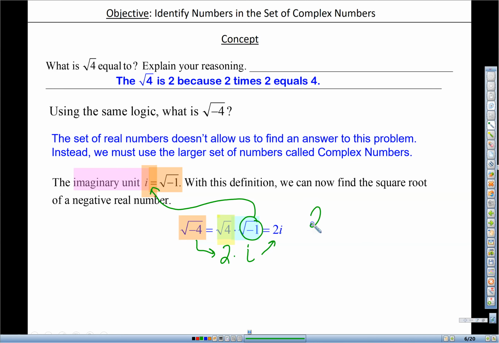That also means that 2i times 2i must be equal to -4. How is that possible? When we multiply these together, we have 2 times 2, which is 4.